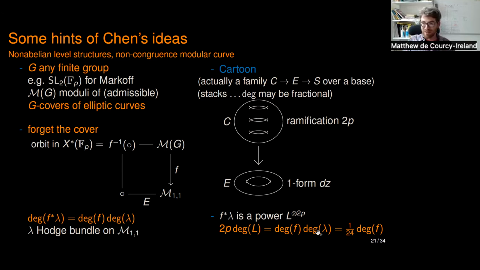We know what the degree of lambda is. It's 1 over 24. That's another thing about Chen's proof. Everything is a stack, so the degree might be a fraction.